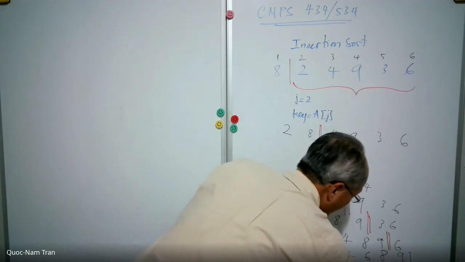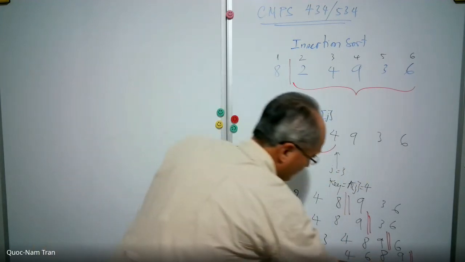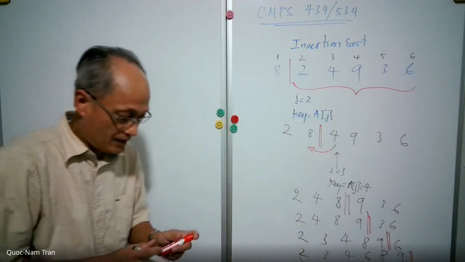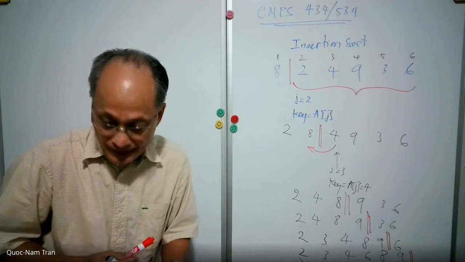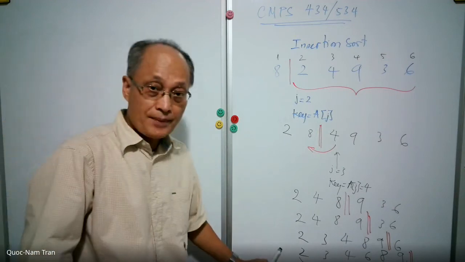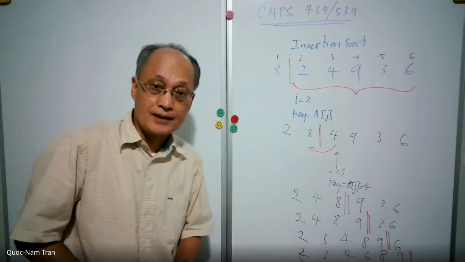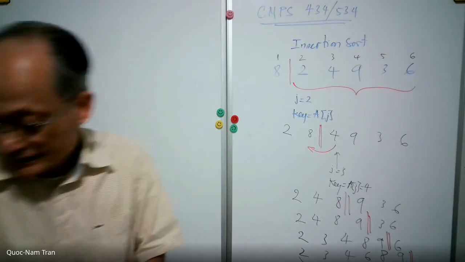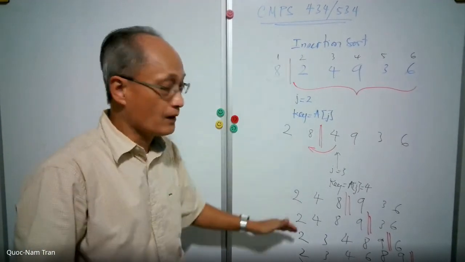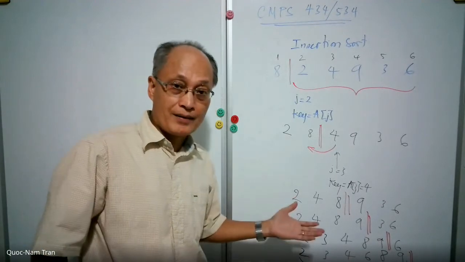Now the sorted part has all elements, and the unsorted part has no elements, or is empty. Hence, the algorithm stops here, because we already sorted the input array. So that is the idea of insertion sort. Nothing new, right? Everybody should know about this.